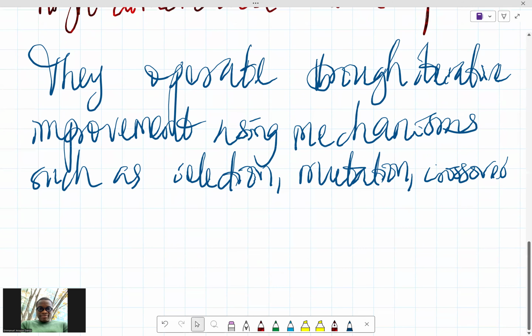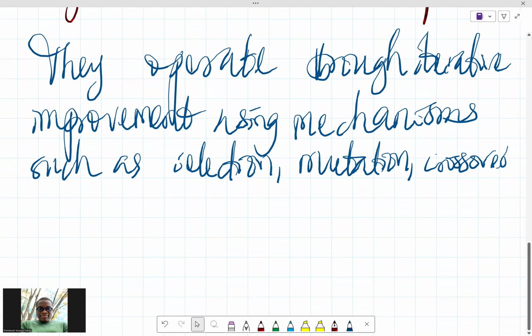We've seen this before under one of the previous videos, but not for nonlinear programming. Mutation, crossover, and reproduction.